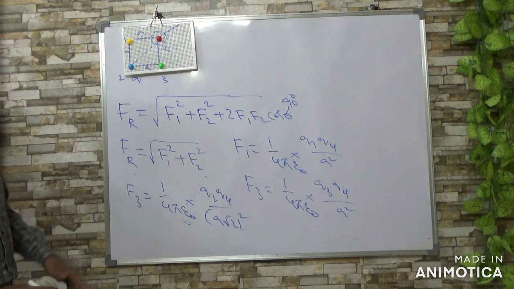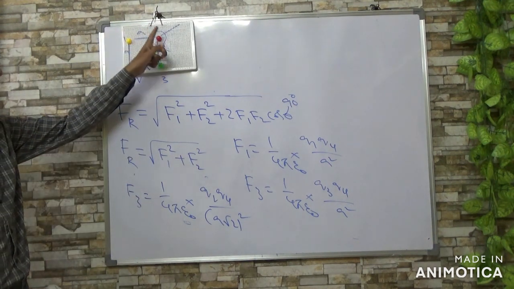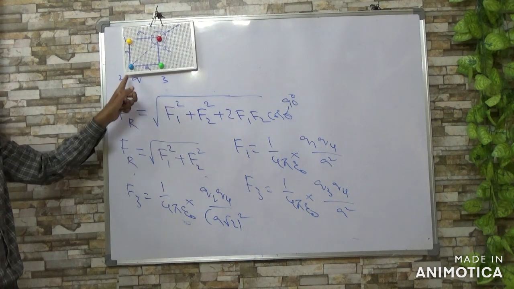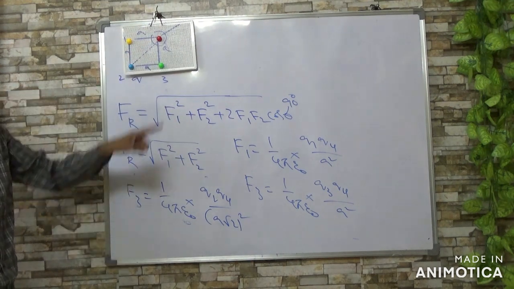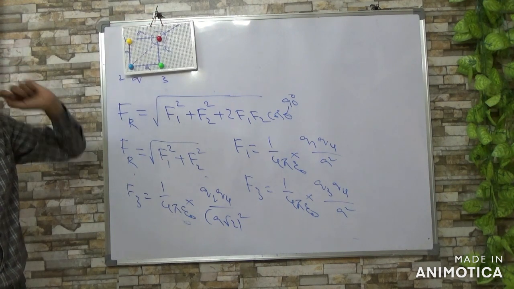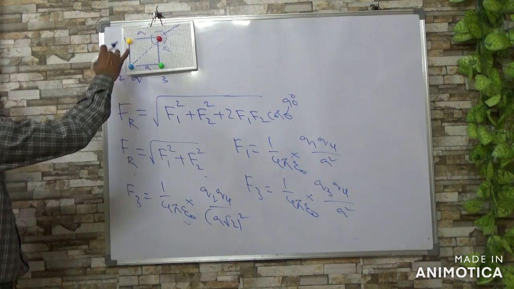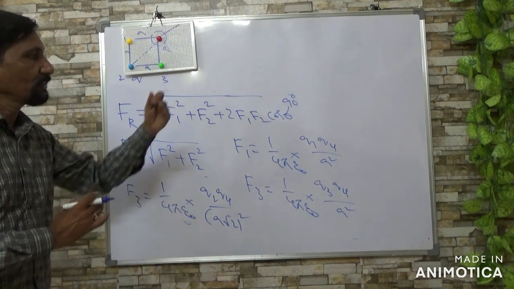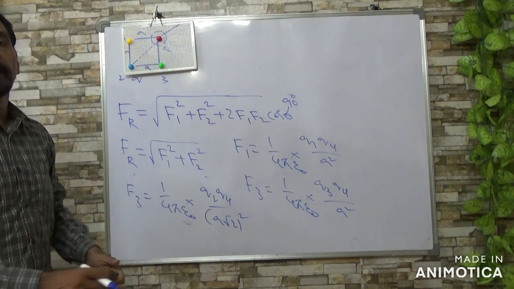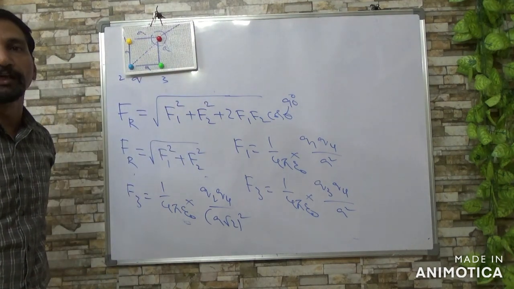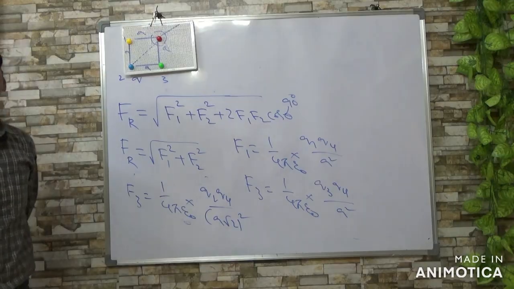In this way, you can find the force between these two, then the resultant force, followed by addition of this, which will give you the force experienced by this part. If identical charges are given, you can use that formula. Otherwise, if different charges are given, in this way also you can solve the problem.